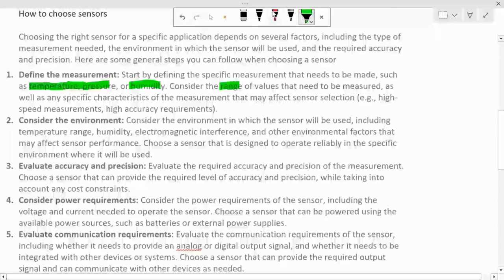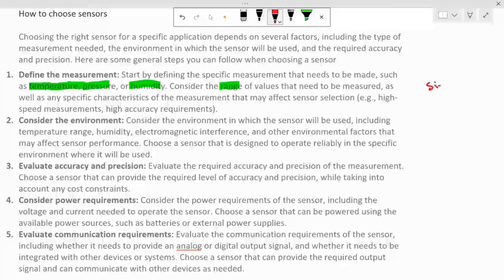Let's say you are making a simple environment monitoring system, EMS.